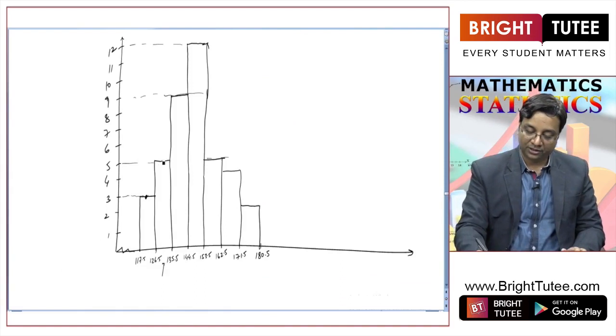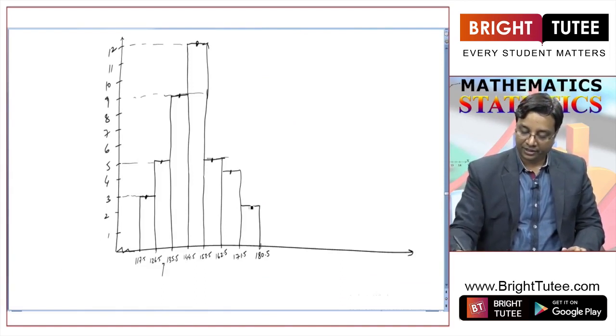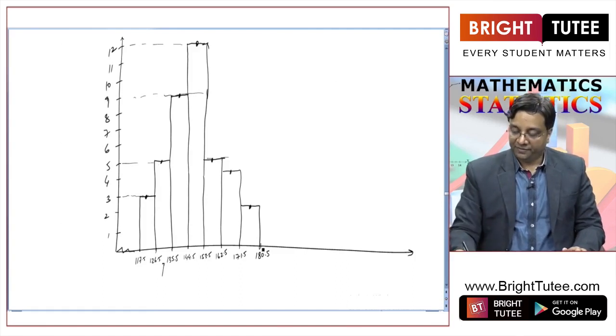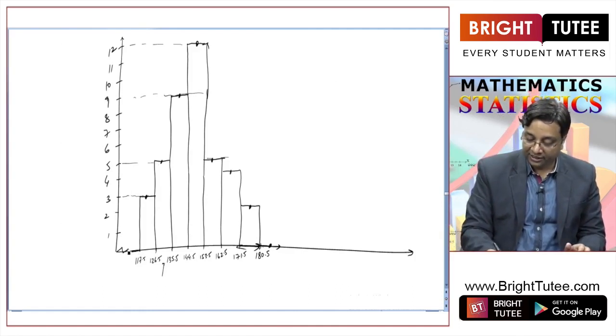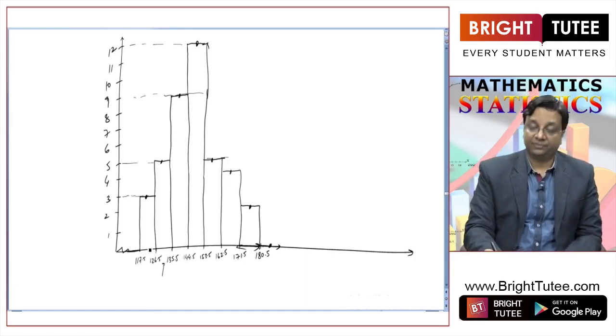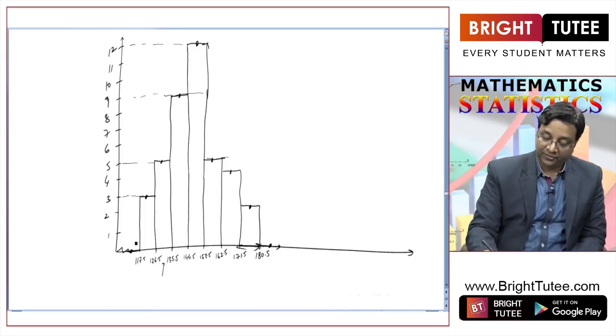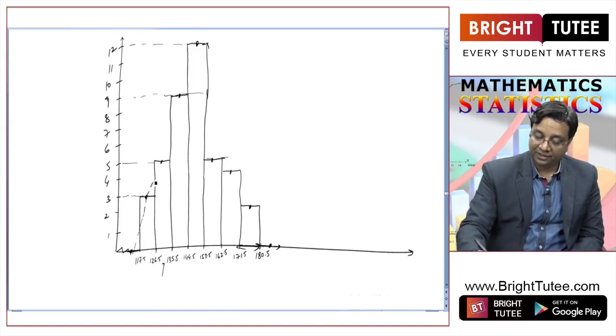You take the midpoint of this and this, and then you make an imaginary class equal to this width here and take its midpoint, and before it also you need a class of the same width and you take its midpoint. Now you join these points to make a frequency polygon, which will have the same area as the histogram that we have drawn.